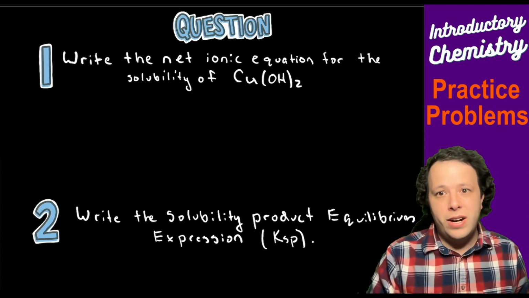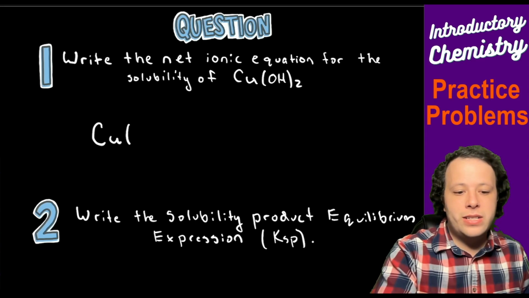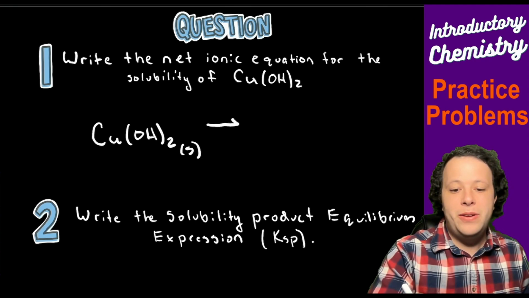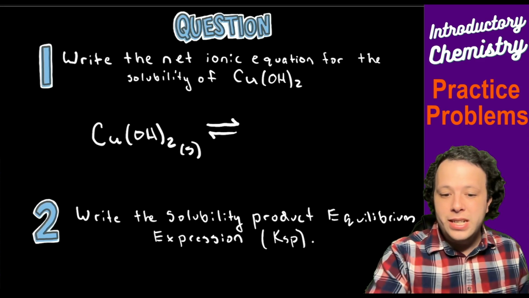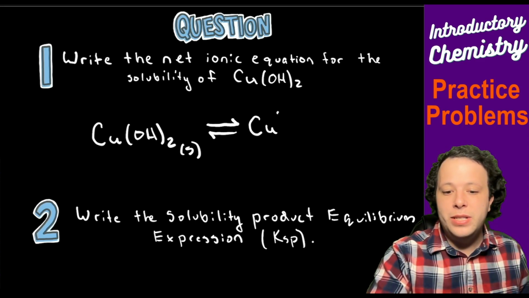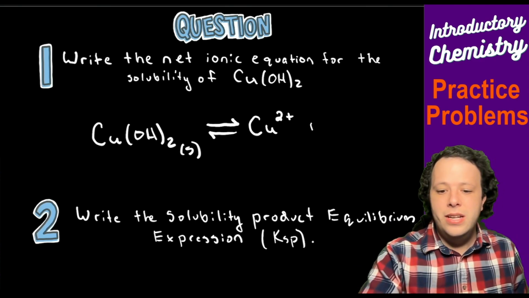This is what this is trying to ask you, is if I have something like copper hydroxide, where this is a copper salt, which is a solid, what would happen when that is thrown into solution? When it goes in, it's going to dissolve into its most basic ions. So the first one being copper 2+, and the other one being hydroxide.